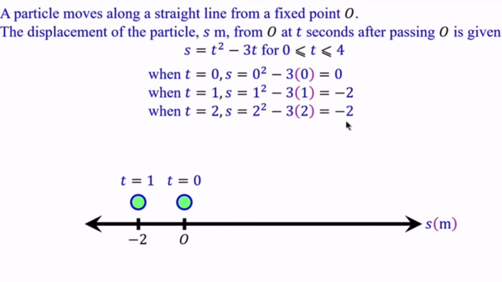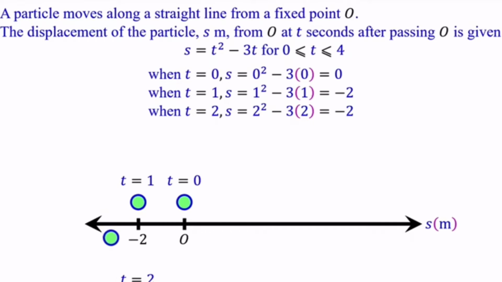When t equal to 2, we substitute again and get s equal to -2.